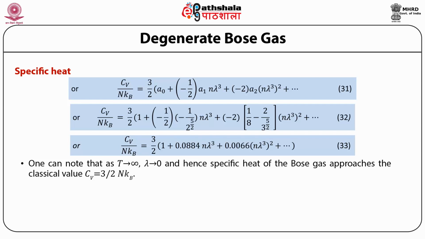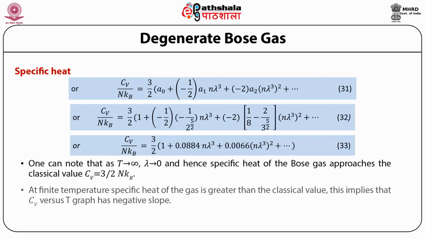One can note that as T approaches infinity, lambda approaches 0, and hence the specific heat of the Bose gas approaches the classical value equal to 3/2 n k_B. At finite temperature, the specific heat of the gas is greater than the classical value. This implies that the specific heat at constant volume versus T graph has negative slope.